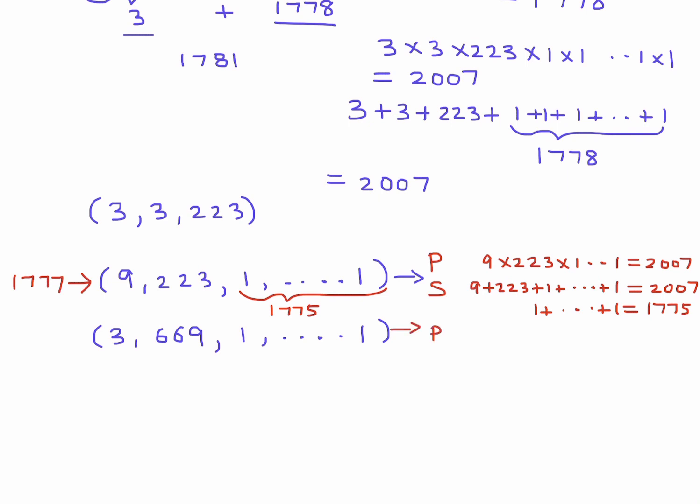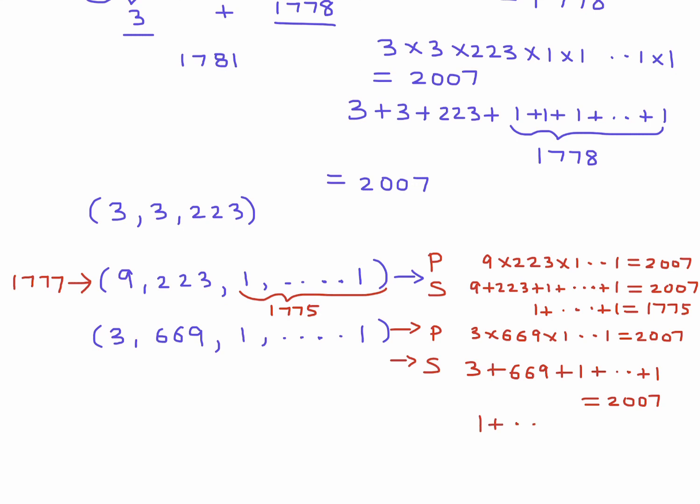Let's look at the next scenario. The product, of course, is 3 times 669 times all of those ones, but the ones don't change the product. It's just going to be 2007. Now the sum is going to be 3 plus 669 plus all of these ones, and that has to equal 2007. So now I need to figure out how many of those ones.